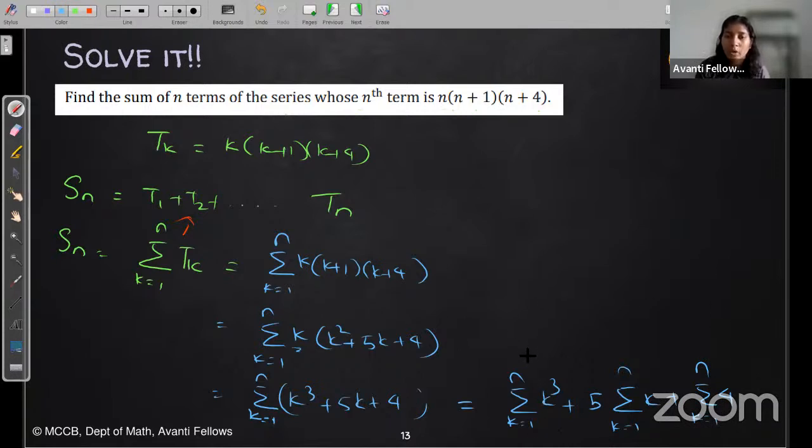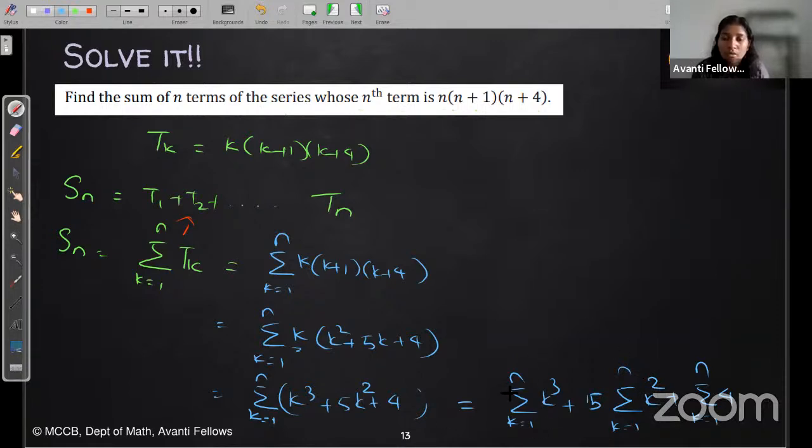I just made use of the property of summation here: taking the constant outside. It's 5k squared, sorry. Thank you, Jeremy Badari.